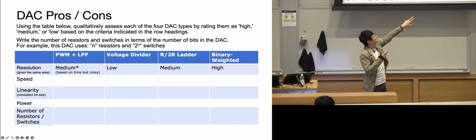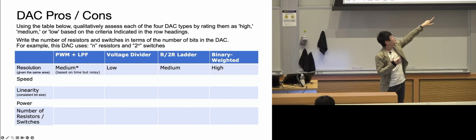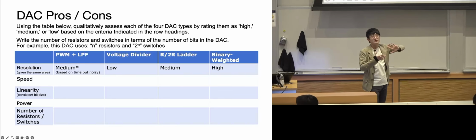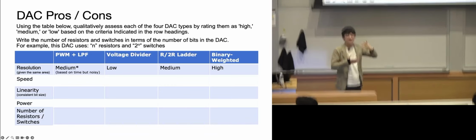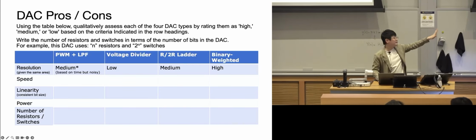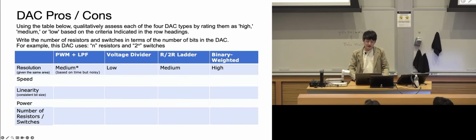It's because of the amount of resistors used: for the R and 2R ladder compared to the binary, it's about twice the amount of resistors needed for the same number of bits. But it's a constant difference, so it's not too bad.